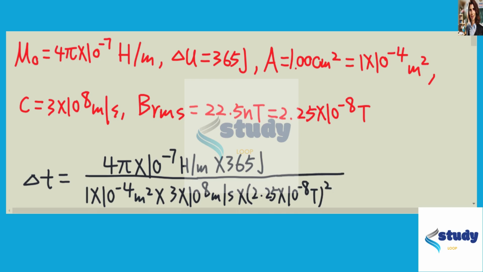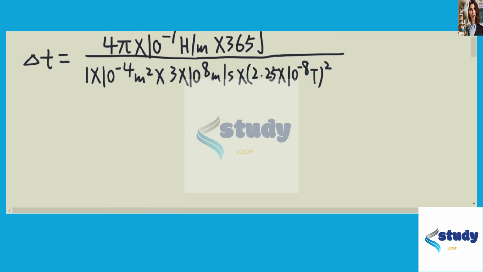And this will give us the time is equal to 3.02 times 10 to the power of 7 seconds.